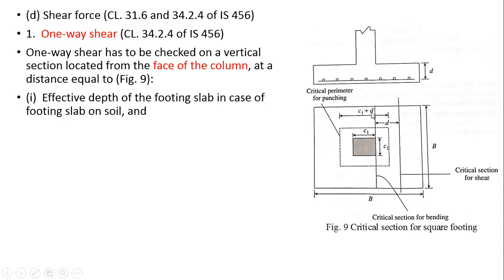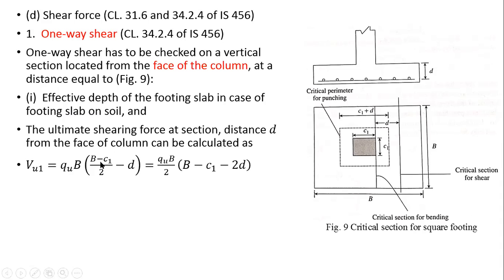Now the critical section for shear, that is one-way shear, is at a distance of small d, as I explained to you in the previous slide. This is at a small d here. This is nothing but the effective depth of the footing slab in case of footing on the soil.